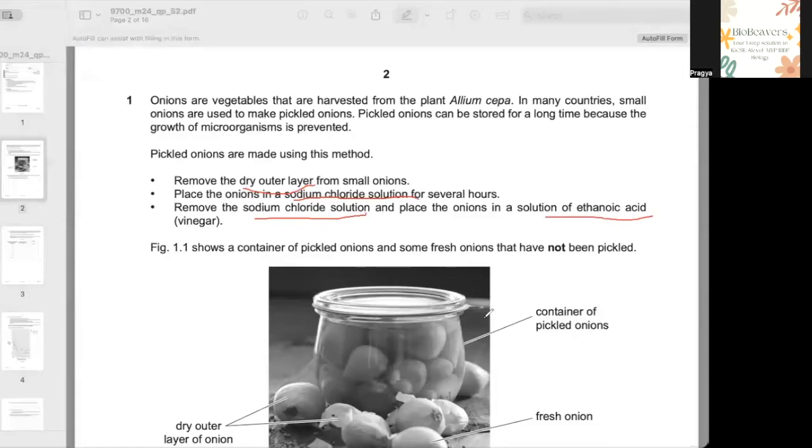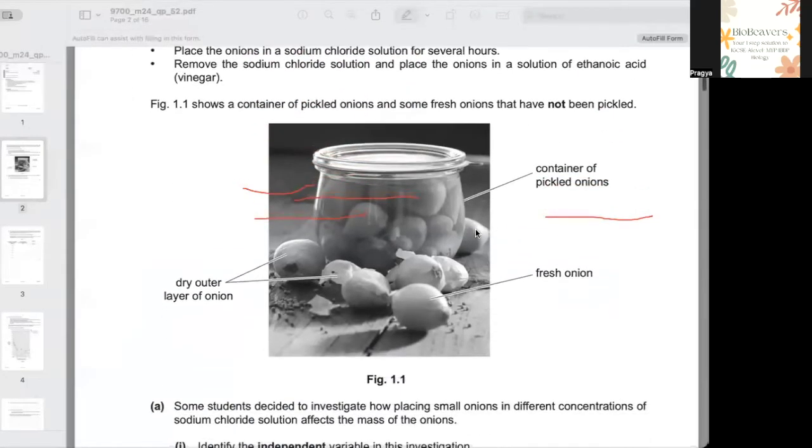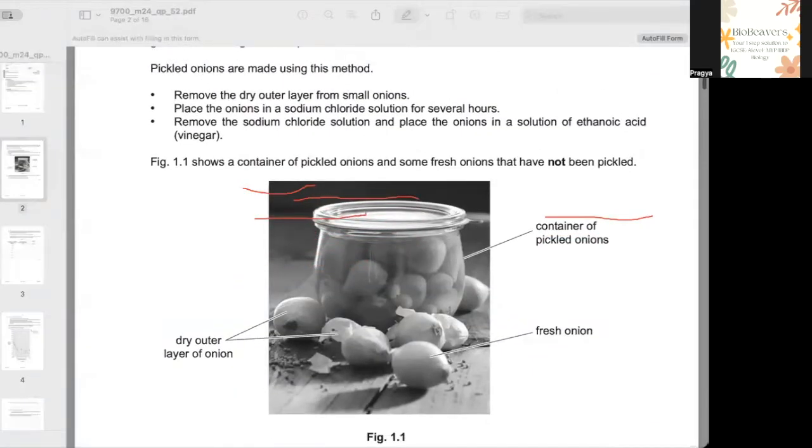My suggestion, as I clearly pointed out, is to not think too much here, just work on this part. It shows a container of pickled onions and some fresh onions. Now we move on to the questions.